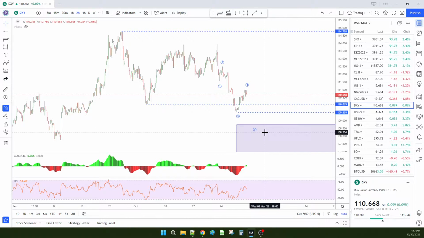So it's not a huge move to play for, but definitely if it comes down in here, I think a very strong buy zone. So I'd be looking for 3 waves down, and then if the 3 waves complete right around here, start looking for your buy setups.